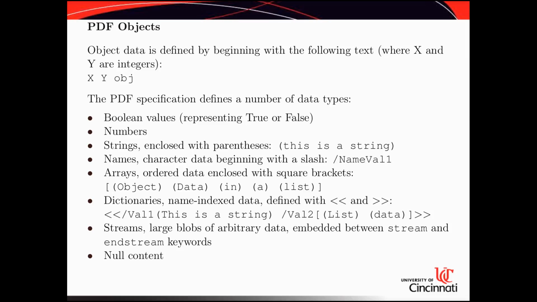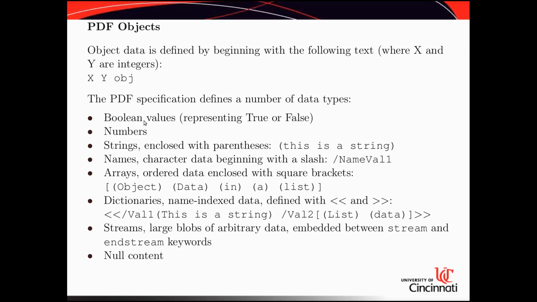These objects would be similar to how you would use variables in a programming language. All of these types, with the exception of the streams at the bottom, are considered to be the atomic native types of the interpreter.